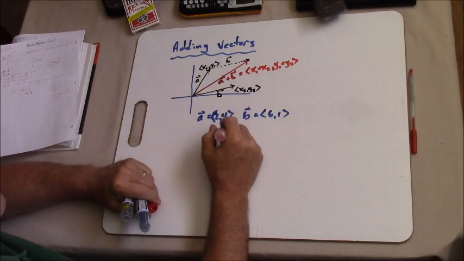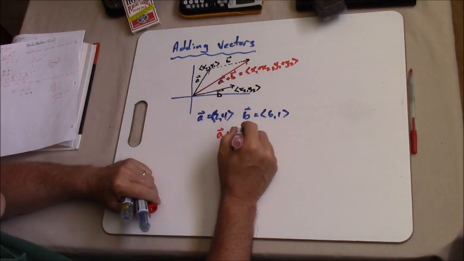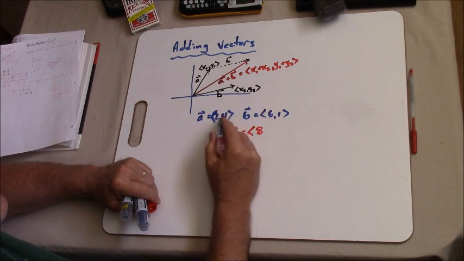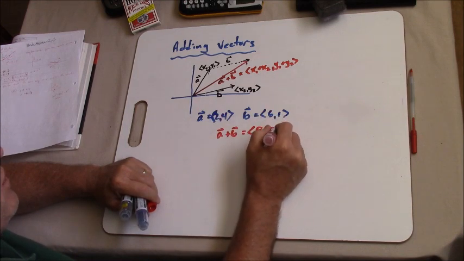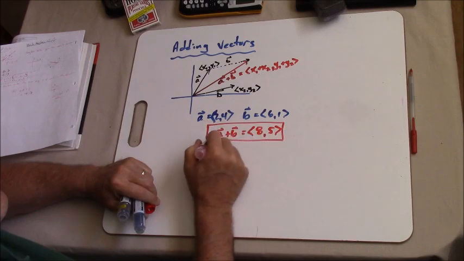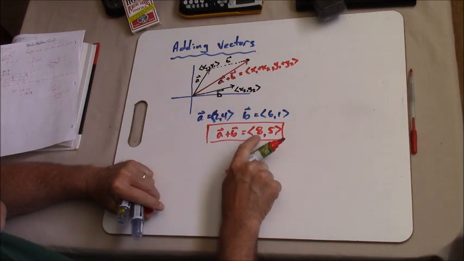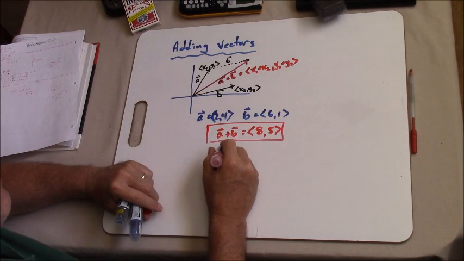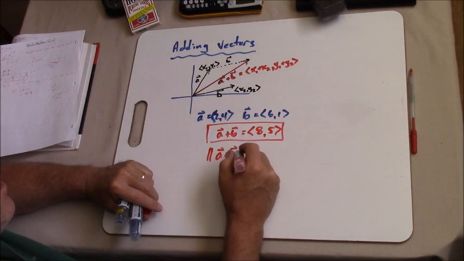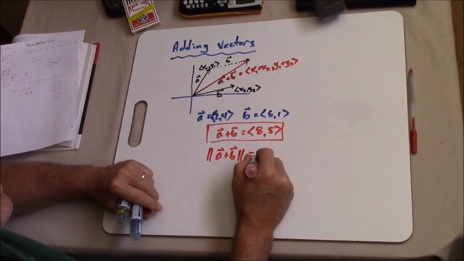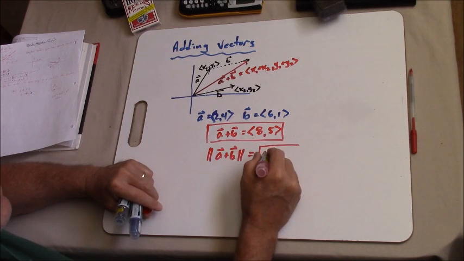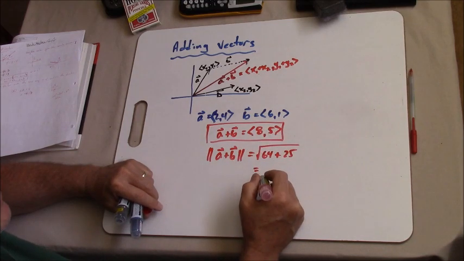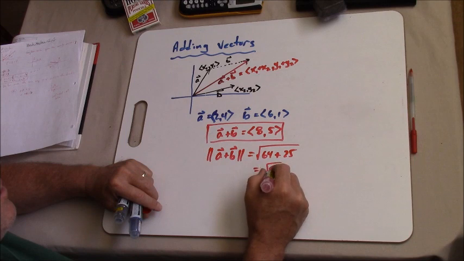Well, A plus B is equal to, in component form, 2 plus 6 is 8, 4 plus 1 is 5, and there it is. And if I want to know the magnitude of vector A plus vector B, that's just the square root of 8 squared plus 5 squared, which is the square root of 89.